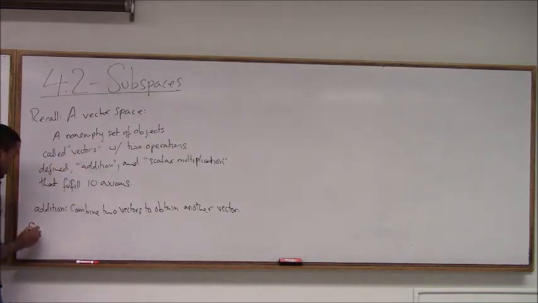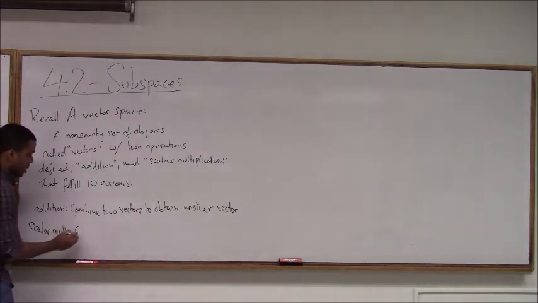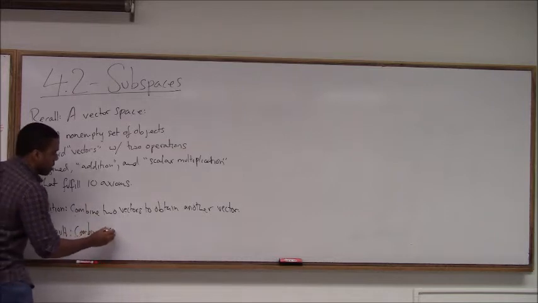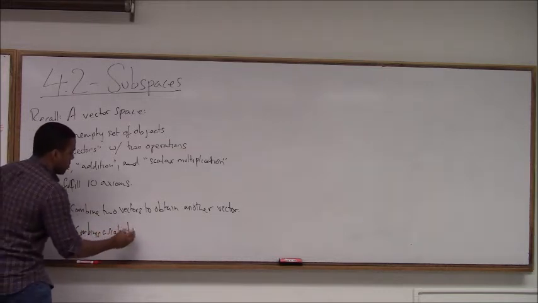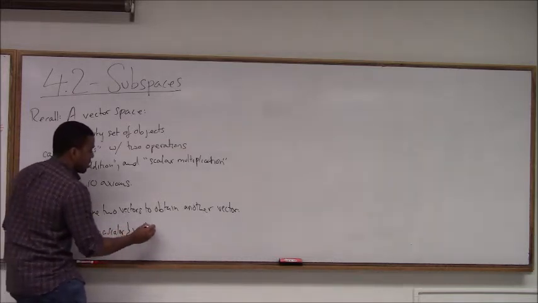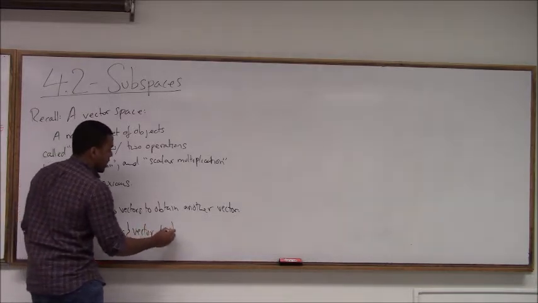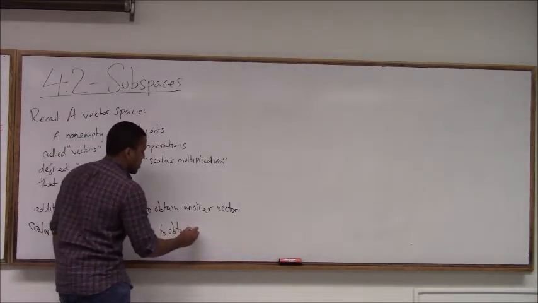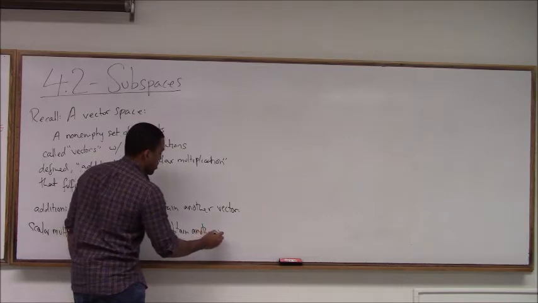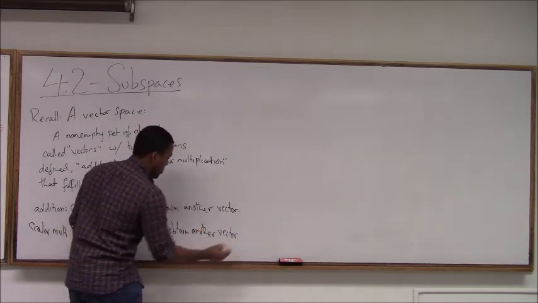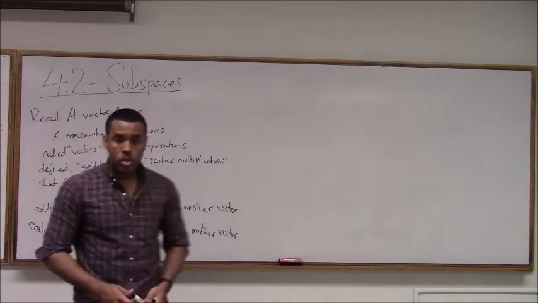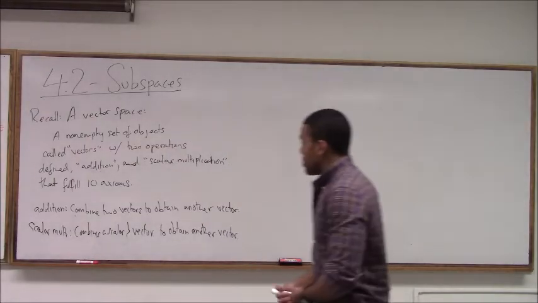And scalar multiplication combines a scalar and a vector to obtain another vector. So that was what a vector space was.